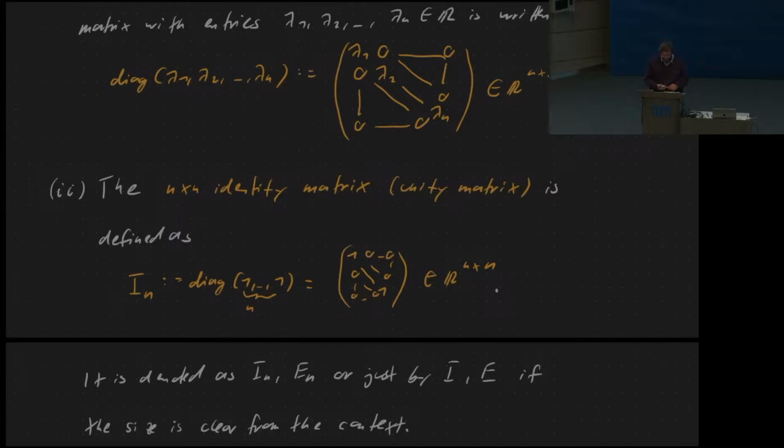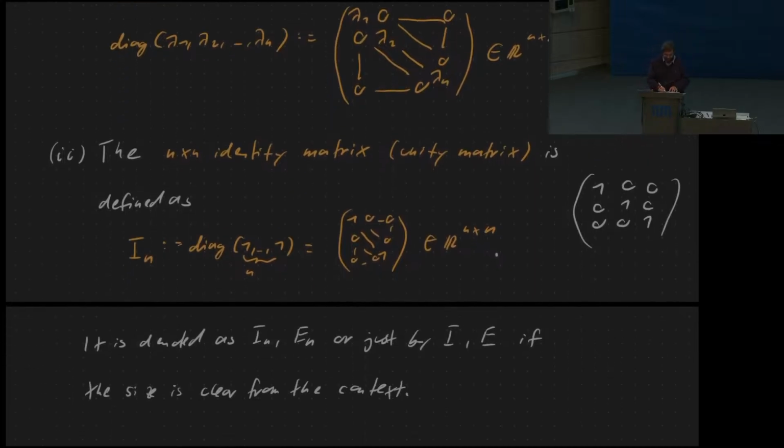And then a special diagonal matrix is called the identity matrix. Oops, I wanted that one here. And the identity matrix is the one that has ones on its diagonal. Right? So again, in dimension 3 by 3, it looks like this. Diagonal matrix with just +1s on the diagonal. That is called the identity matrix.